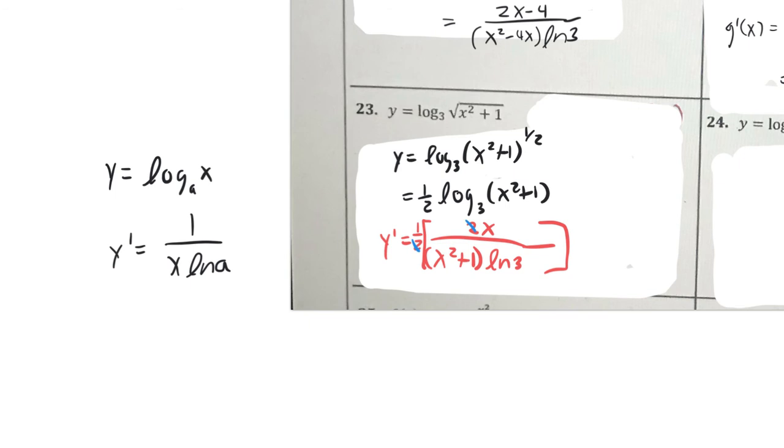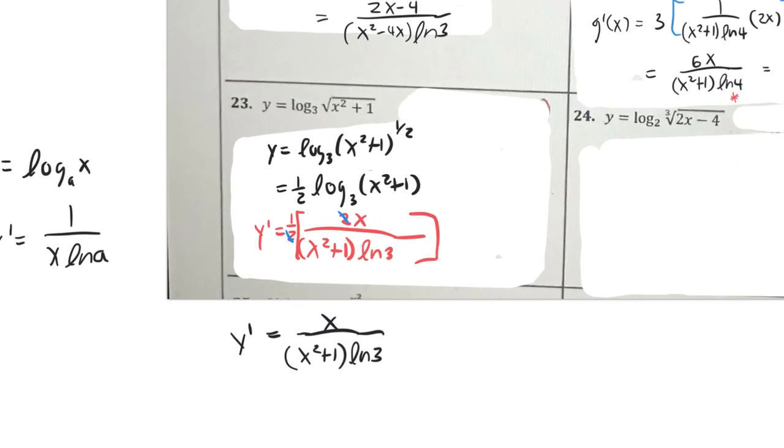So for this one, we should end up with just x over x squared plus 1 times ln of 3. And that's y prime. Now, just double checking, is there any exponent that we could create above that 3? No. So we move on.